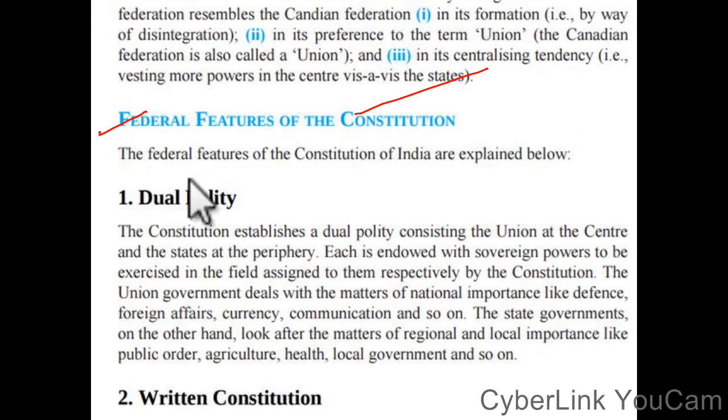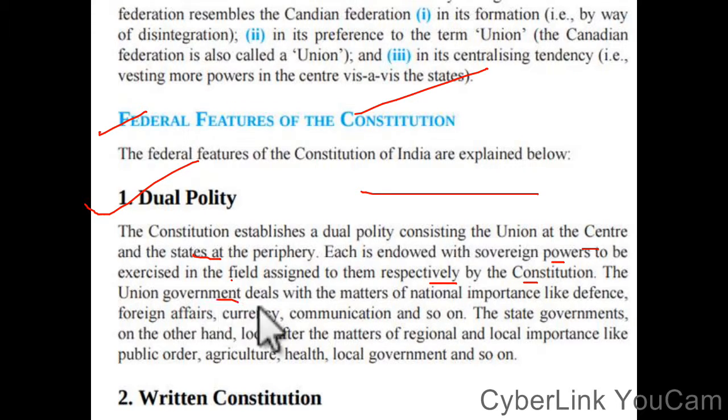Federal features of the constitution. Dual polity. The constitution established a dual polity, consisting of the union at the center and the states at the periphery. Each is endowed with sovereign powers to be exercised in the field assigned to them respectively by the constitution.